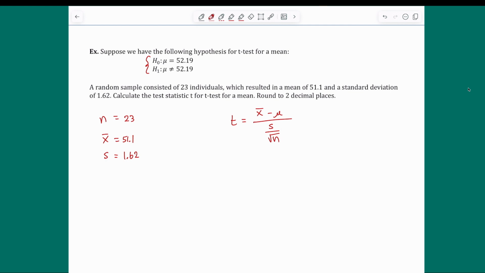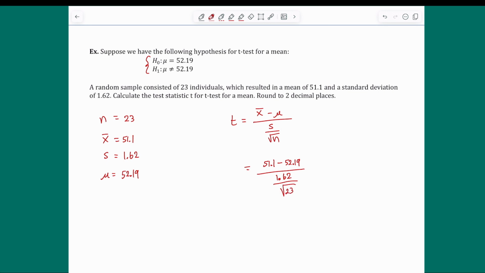We know from the null hypothesis that the population mean, the claimed value, is equal to 52.19. So we put those numbers into our formula: 51.1 minus 52.19, and then we divide that by 1.62 all over the square root of 23.